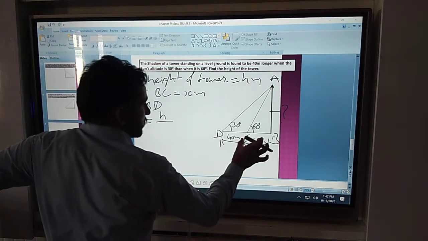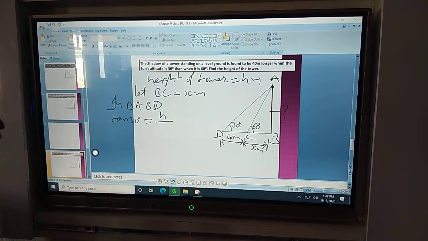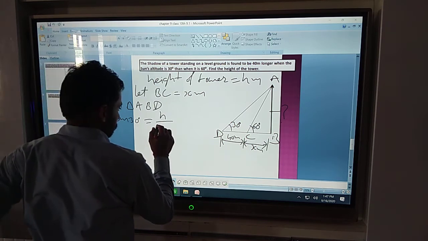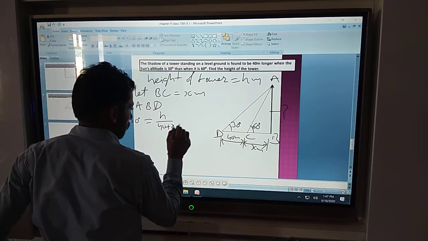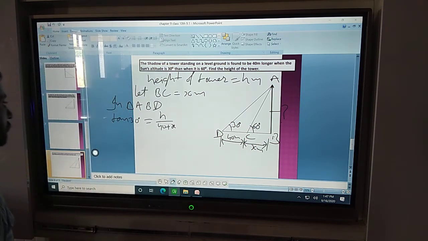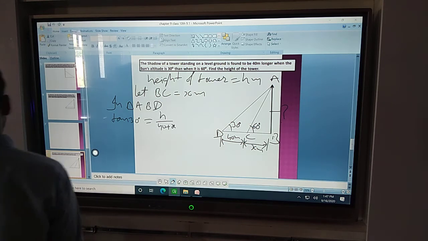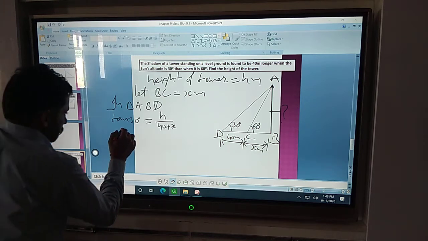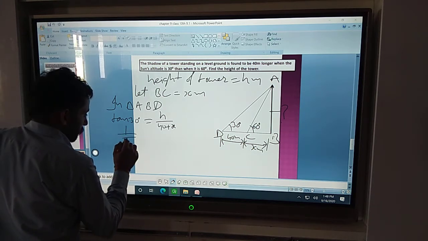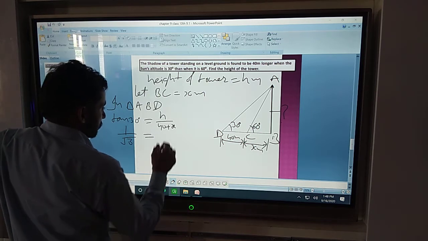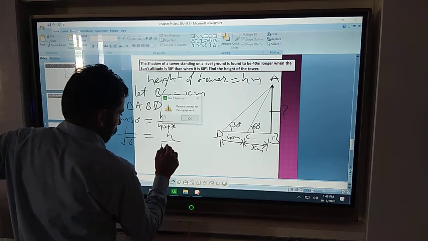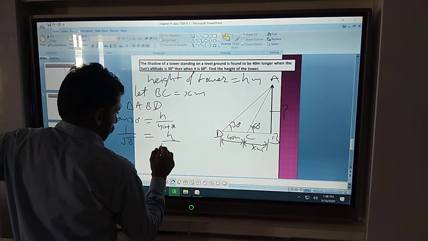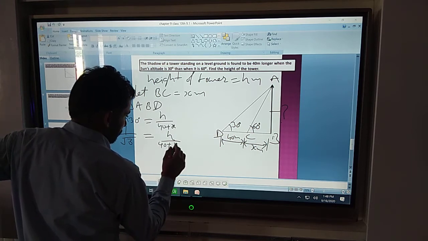BD is equal to BC plus CD, so it becomes 40 plus x. Now what is the value of tan 30? We know the value of tan 30 is 1 upon under root 3. 1 upon under root 3 is equal to h over 40 plus x.